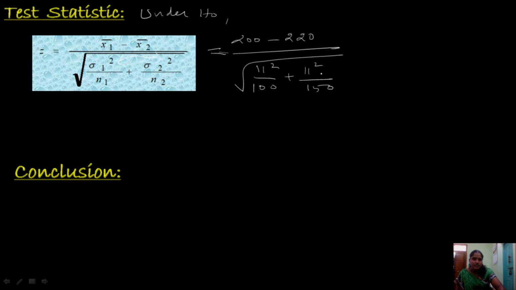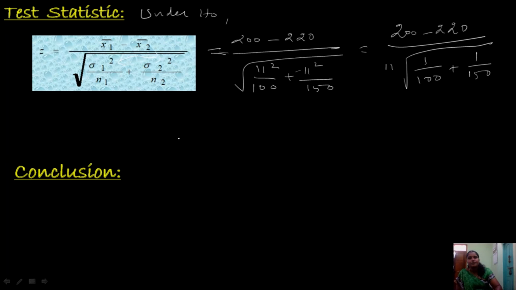Here 11 square is common in both terms, so we take it outside. So 200 minus 220 over 11, multiplied with square root of 1 upon 100 plus 1 upon 150. By simplifying, we get 200 minus 220, that is minus 20, over 11.